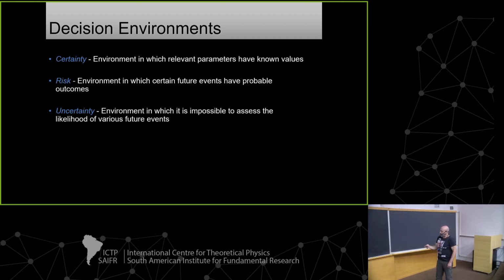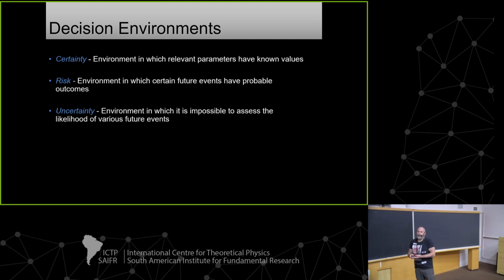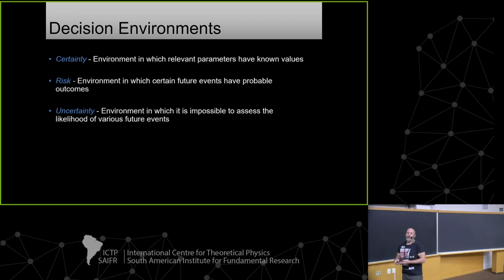And uncertainty, so there are 3 different scenarios. This is the best one, when I know exactly what is going to happen. This is when I don't know exactly what is going to happen, but I know the probabilities of each of the events. So I can make a choice by considering certain probabilities and minimizing the risk, even if I'm not sure of the future.